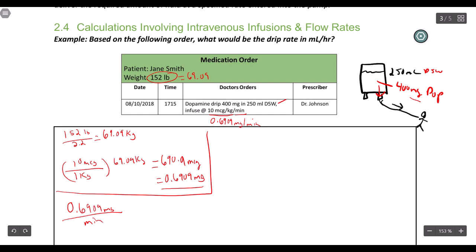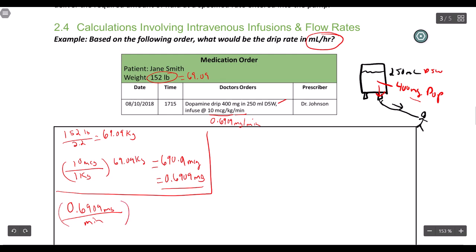The question is asking for the rate in mLs per hour. So how many mLs is this person going to get in an hour if every single minute we have to give that amount of milligrams? That's what the question is asking us. So this is the amount of milligrams you need per minute.